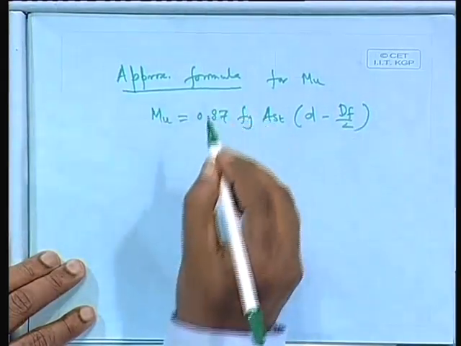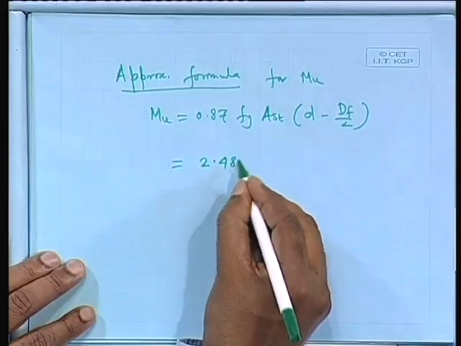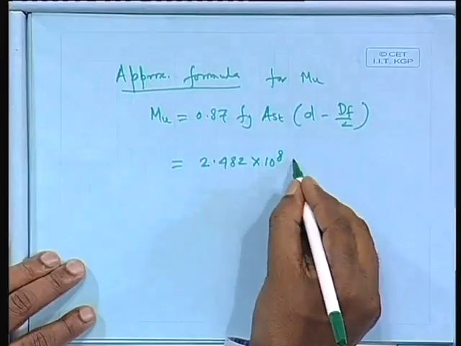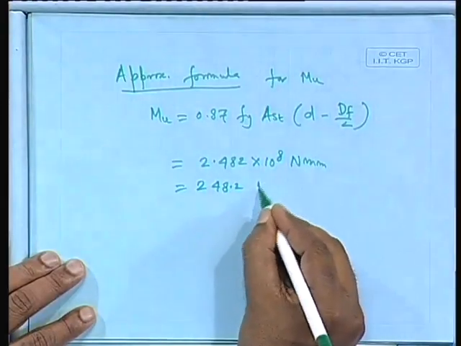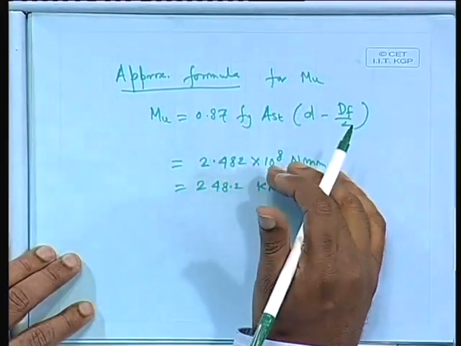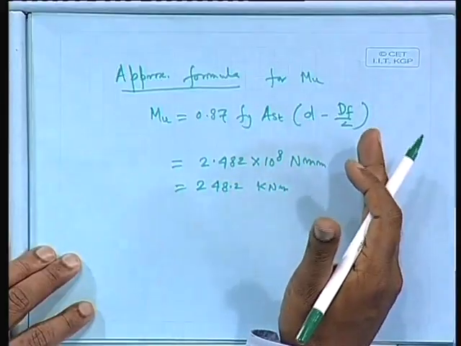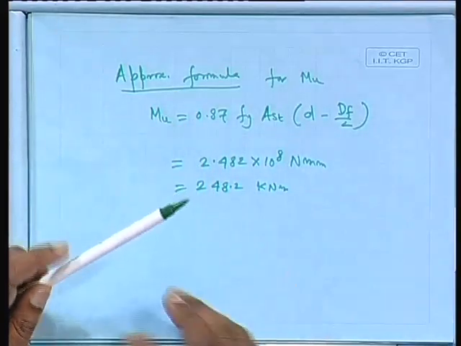If we put all the values, you will get 2.482 into 10 to the power 8 Newton millimeter, equal to 248.2 kilonewton meter. On the basis that steel will yield, I can get the approximate 248.2. If you have a good design, we can come closer to the value because after all we shall get a balanced section. So, we shall finish this design of flange beam here. Thank you.